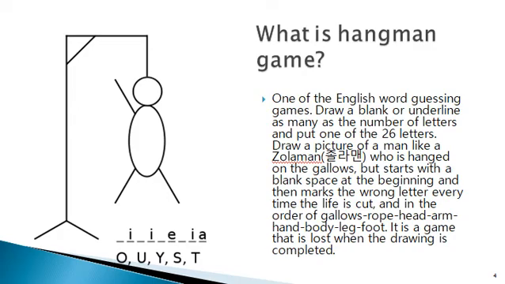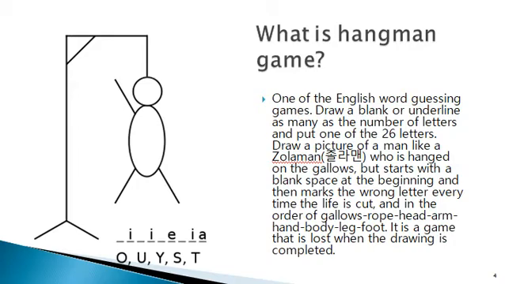What is Hangman Game? It is one of the English word guessing games. Draw a blank or underline for as many as the number of letters, and put in one of the 26 letters.